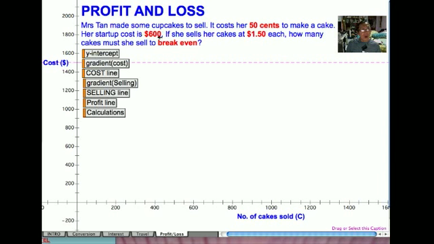The startup cost is the cost of equipment and raw materials. Again, we begin with the y-intercept, which shows the fixed value, or the fixed cost, or the startup cost. The cost of each cake is simply the gradient of the cost line.